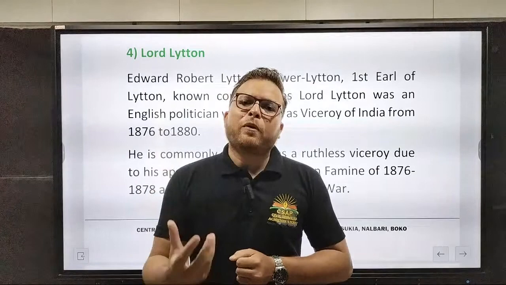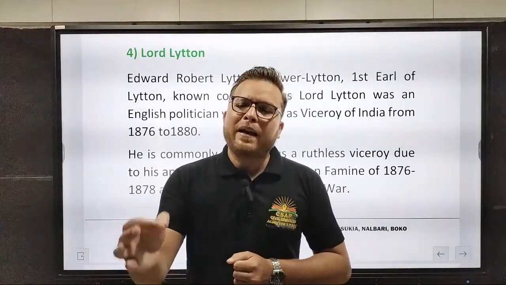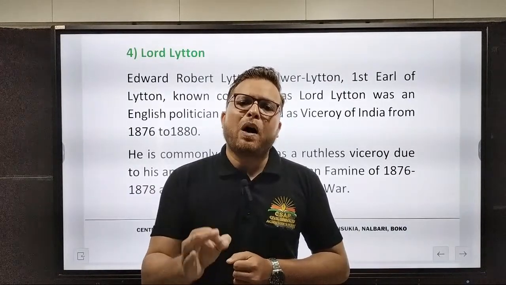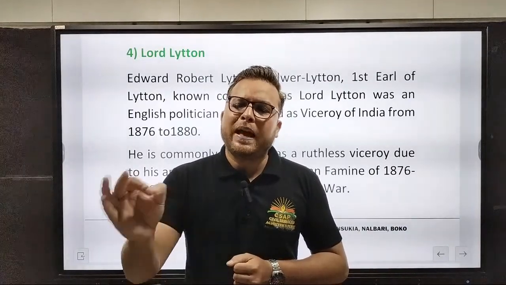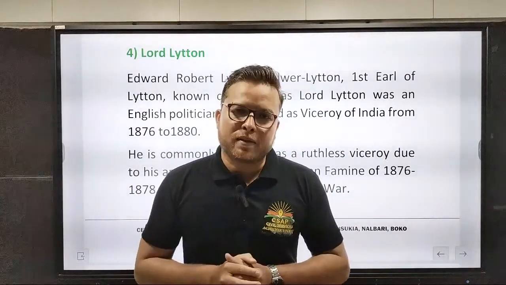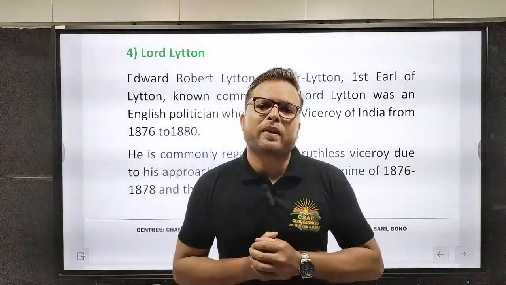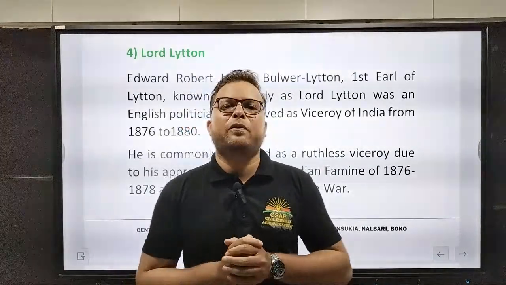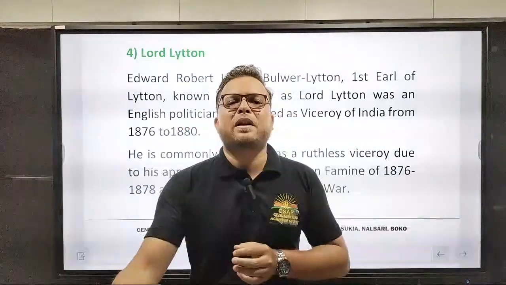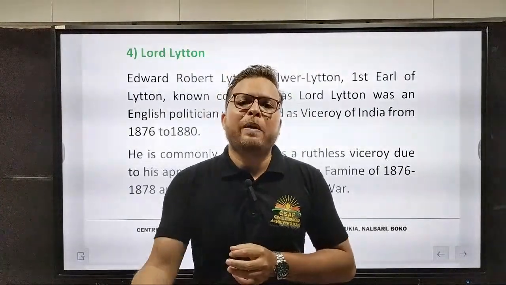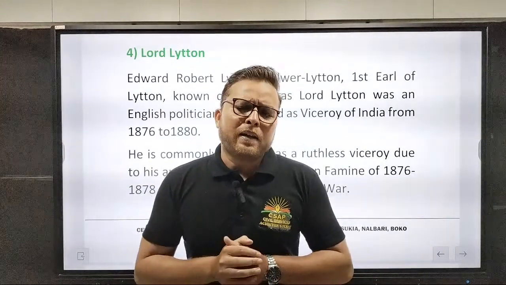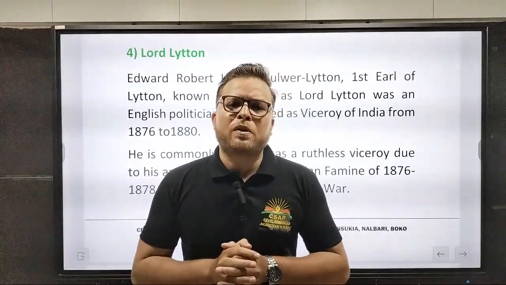And later the media houses were also seized. This is the controversial Vernacular Press Act of 1878, which of course was repealed by the very next Governor General, Lord Ripon. That's a different thing.